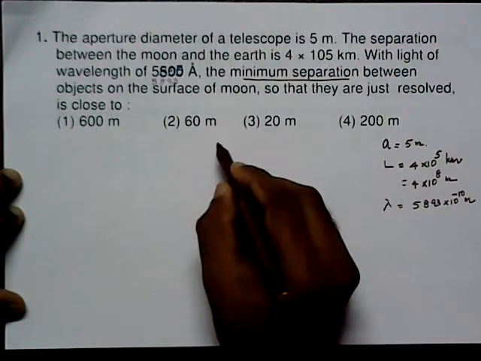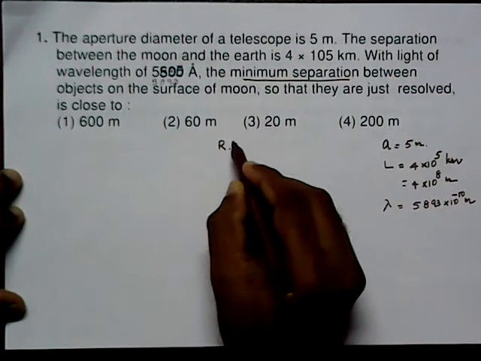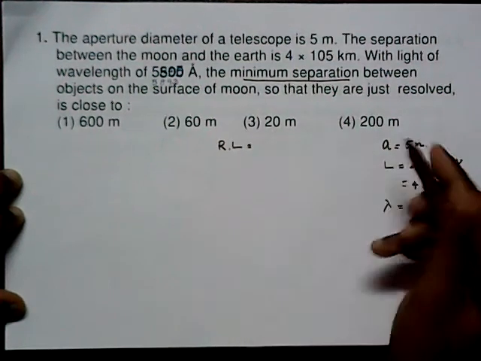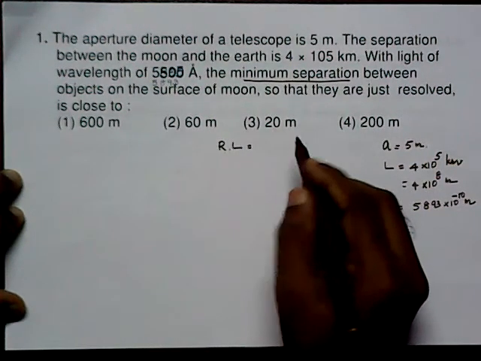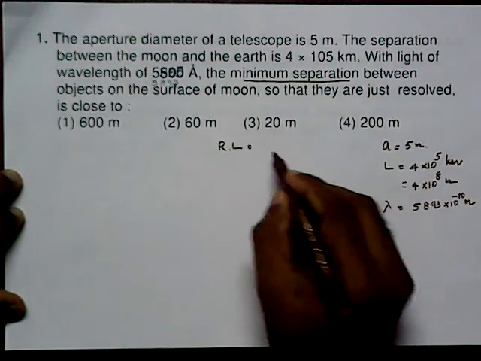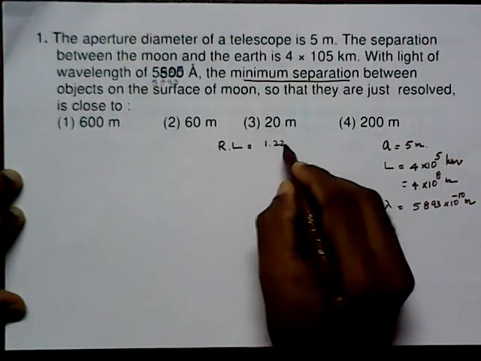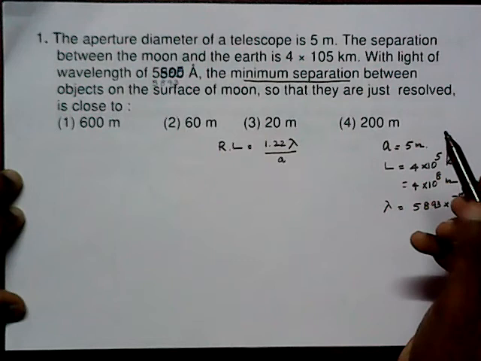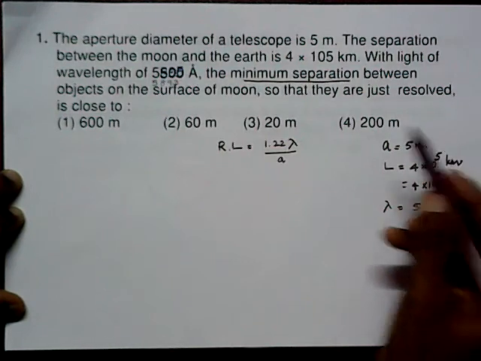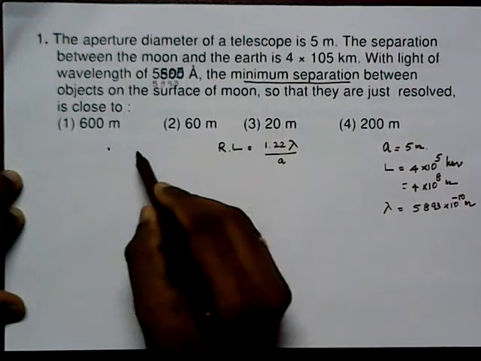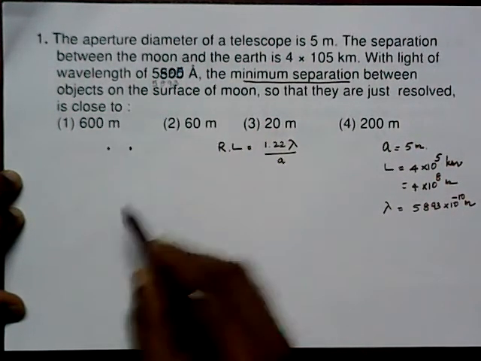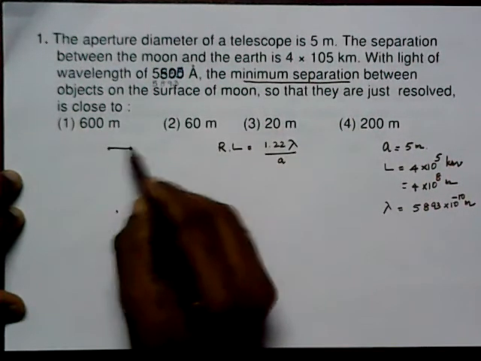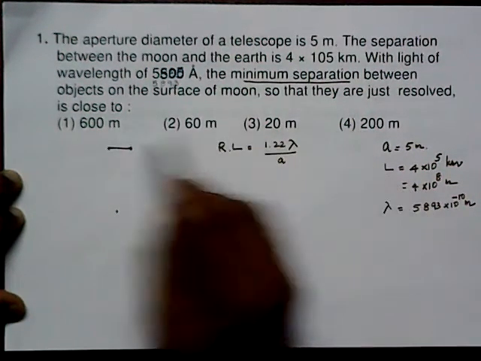So here, for a telescope, the resolving limit is expressed in terms of angle. So the resolving limit is equal to 1.22 lambda divided by A. And keep in mind the very important concept. Suppose there are two objects, and we need to find the separation between the two objects.